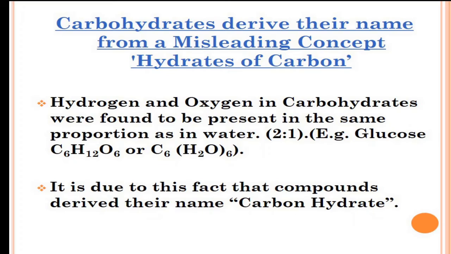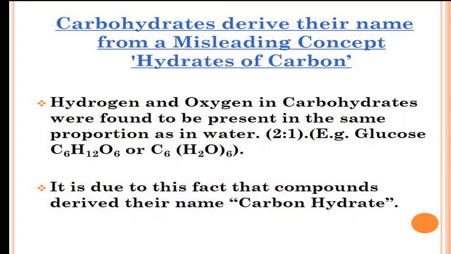Students, remember that the earlier definition of the carbohydrates described them as the hydrates of the carbon. The hydrogen and the oxygen in the carbohydrates were found to be present in the same ratio as is present in the water, that is 2 is to 1.